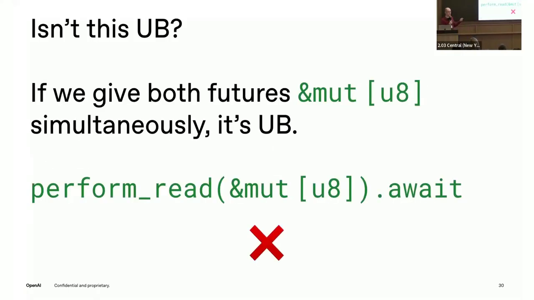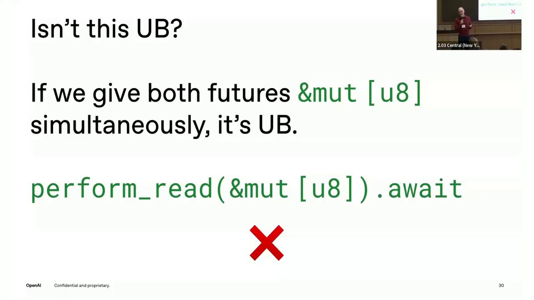Also, we can't actually give the mutable slice to both futures. If we do this, like perform read and then here's the mutable slice, dot await, boom, undefined behavior immediately. Why? Because both futures then take that mutable slice and stick it into the implicit struct that futures have, right? And so all of a sudden, aliasing violation, immediately, this is undefined behavior.